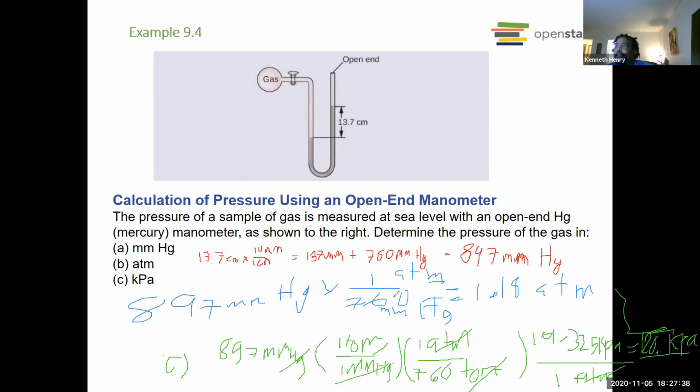So we keep our 3 sig figs, right? Okay, piece of cake.